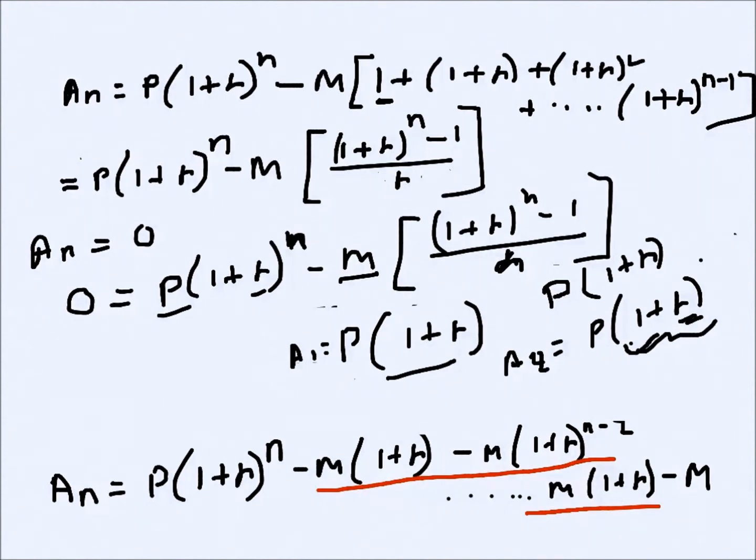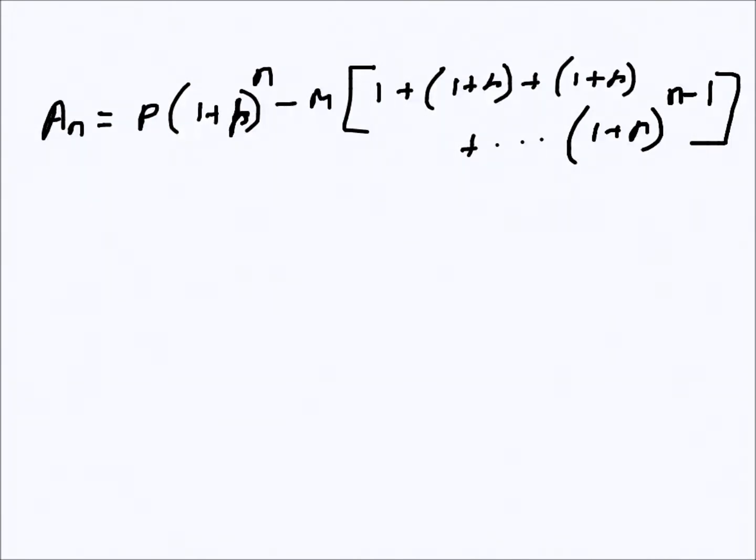Of course, after 2 months it will be square here, and for 3 months it's 1 plus r cubed, and for n months it is to the power n. I discussed it before, but just a reminder. If we look at this expression, there are actually n terms, because this is 1, which is 1 plus r to the power 0, then 1 plus r to the power 1, then 1 plus r square, and this way it goes finally up to n minus 1.